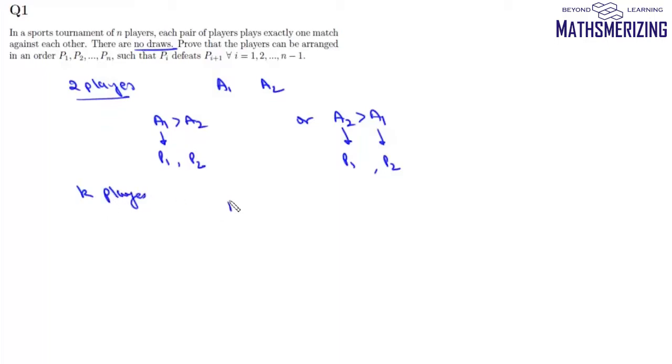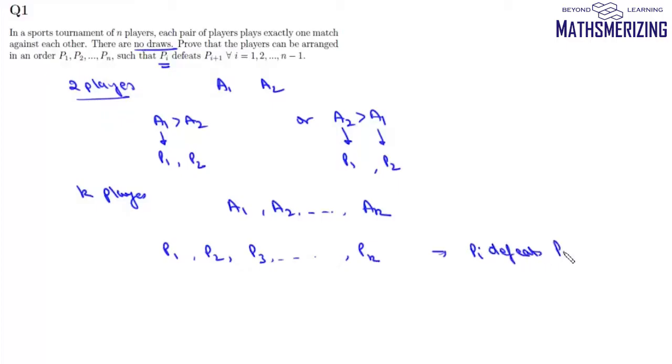So we have K players, A1, A2, A3, ..., AK. Now we can arrange them in such a way that Pi defeats Pi+1. So the condition here is Pi defeats Pi+1.